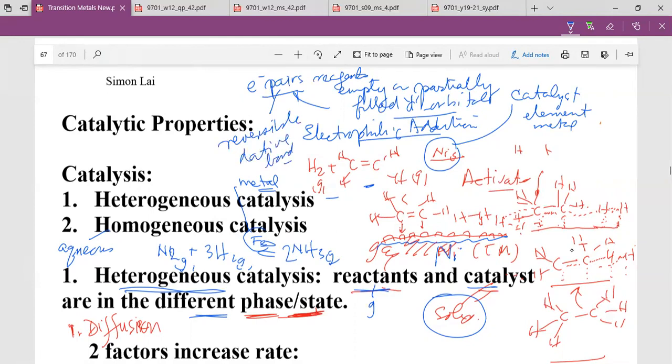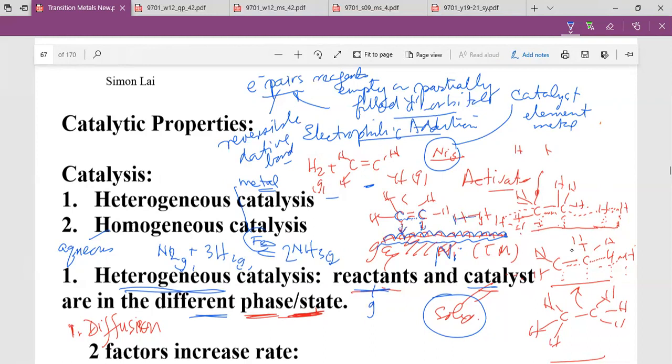So, for example here, these are the surface, these are empty orbitals of your nickel, or in this case of your iron. So the ethene comes in here. Now this double bond slowly breaks, and slowly forms dative bonds here. It's an ongoing process. And the hydrogen also comes here.